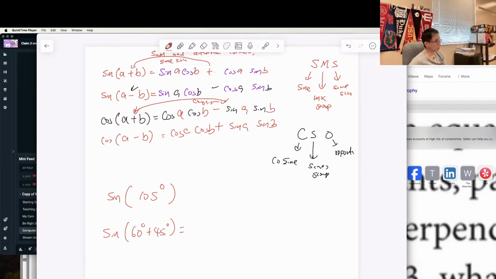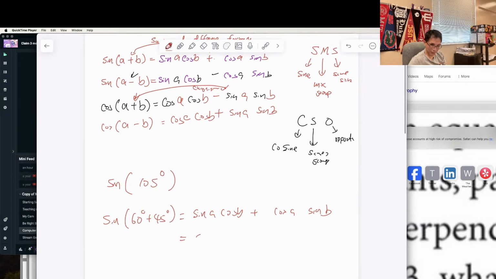Now, can I write out my sum and difference formula for sine? What is it? Sine, cosine, cosine, sine, right? Is that same sign or opposite sign? Same. So that's going to be A, B, A, B. We already know angle A is 60. So we fill in sine of 60 degrees, cosine of 45 degrees, plus cosine of 60 degrees, sine of 45 degrees.